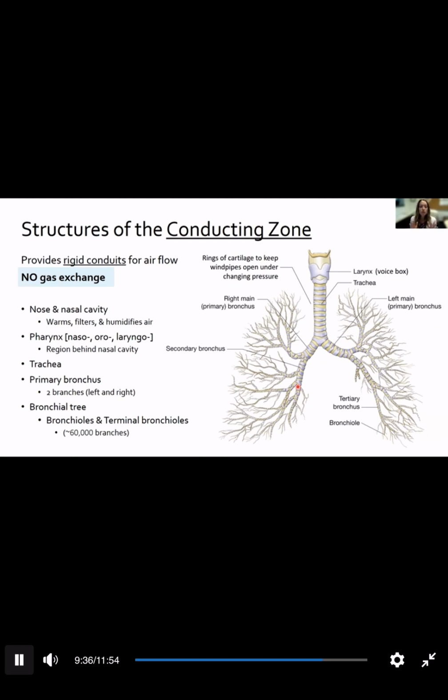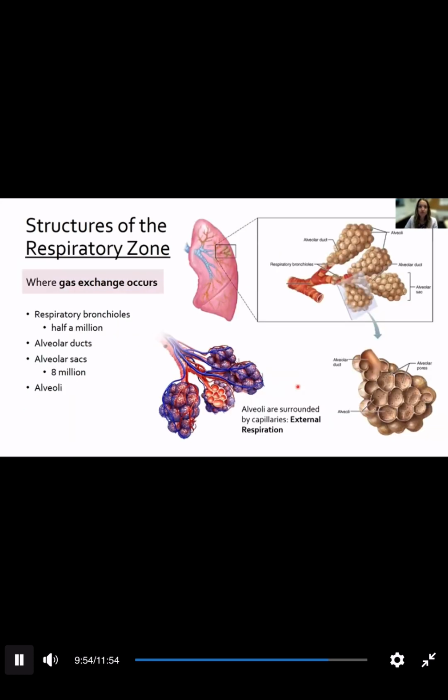Mostly what I want you to understand is that we go from trachea to bronchus to bronchial tree, which contains bronchioles, and then terminal bronchioles. There are about 60,000 branches in the average human lung of these bronchioles. Okay, so once we get to the terminal bronchioles, we've reached the respiratory zone.